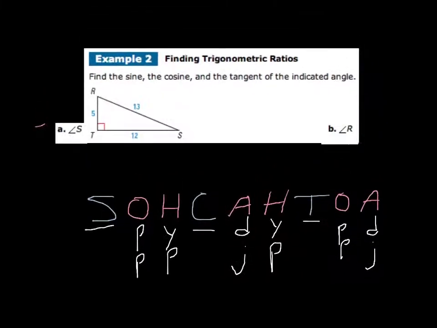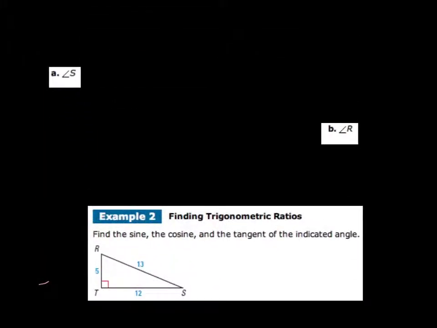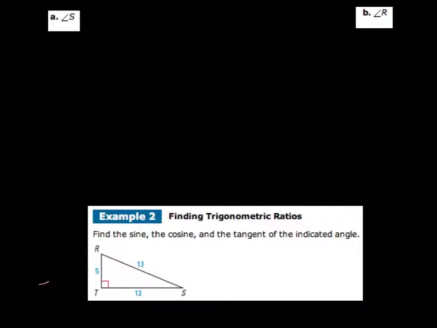What I'd like to do now is just kind of move this out of our way. Draw these up here. And I'd like to evaluate the trig functions for each of the given angles. So we'll start with angle S and the sine function. Remembering that sine, SOHCAHTOA, sine is equal to opposite over hypotenuse, so that's 5 over 13.